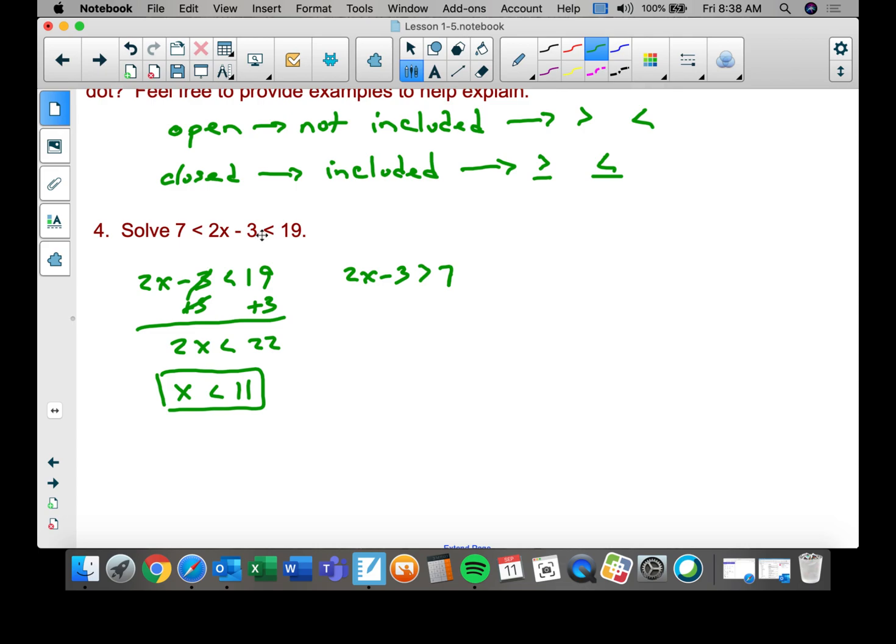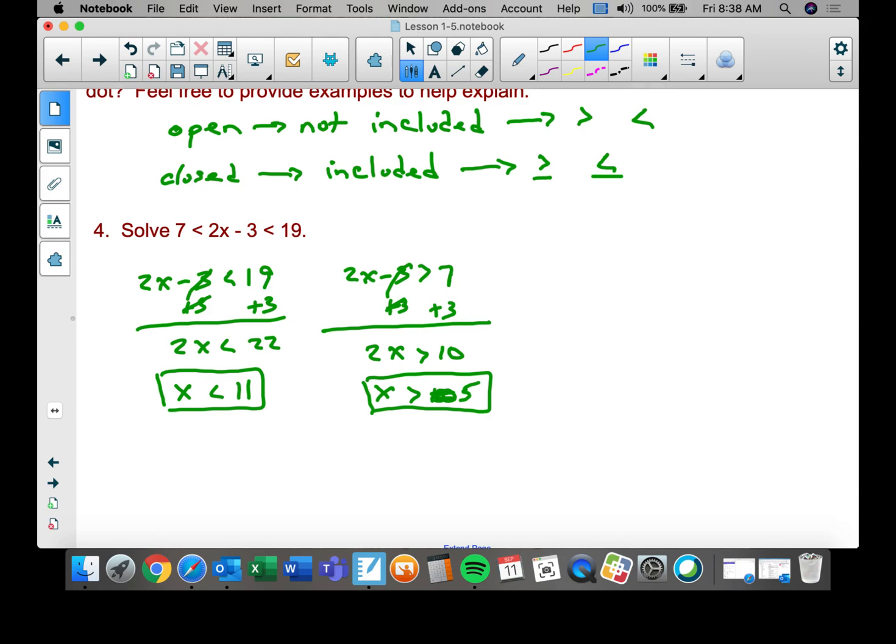That's what makes it a compound one. Okay? If we solve for the other side, I would add the 3 over. We'd have 2x greater than 10. Divide both sides by 2, and I end up with x is greater than 5. Forgot to divide by 2. And there's the other part of it.